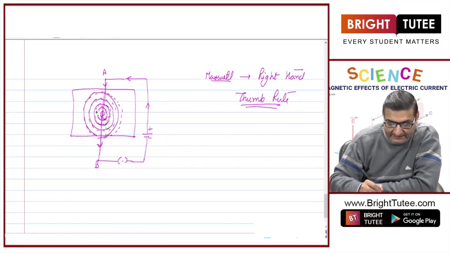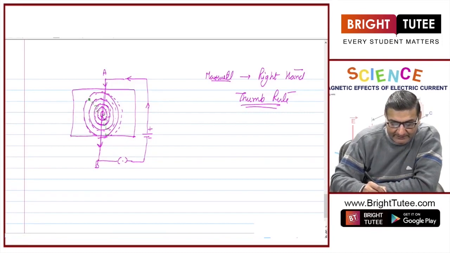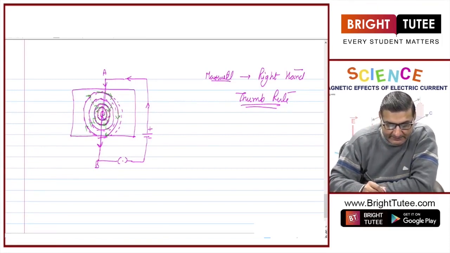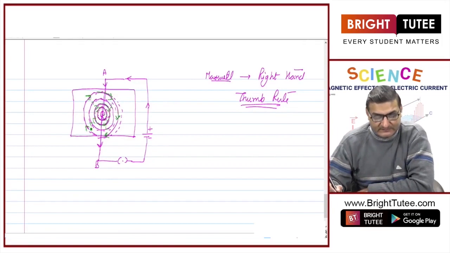So the magnetic field lines will be moving like this. Fine. So these are the arrows with which we can show the direction of magnetic field lines. These are going in the clockwise direction. I repeat, these arrows are to be shown like this, clockwise, right?